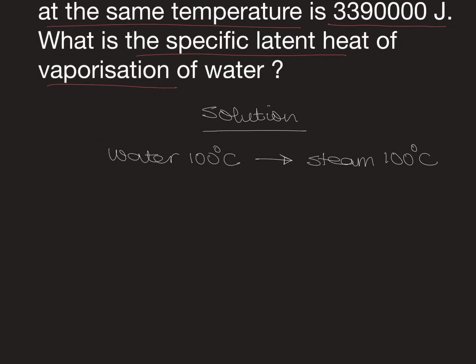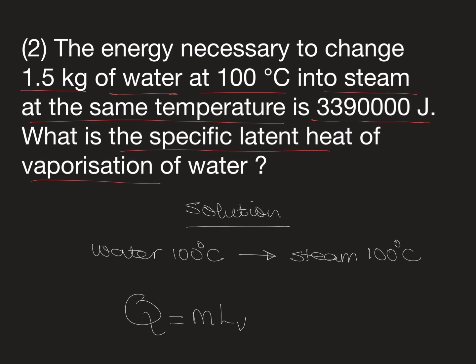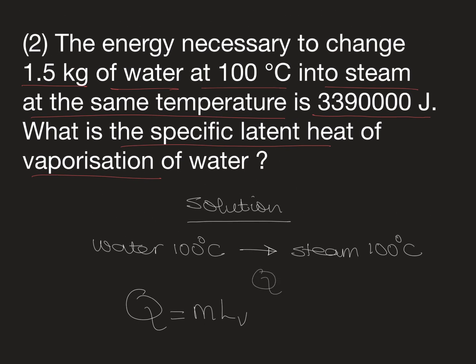The formula that we have to use is Q is equal to M times the specific latent heat, but in this case, it will be the specific latent heat of vaporization, LV. The quantity of heat that is given in the question is 3,390,000 joules.